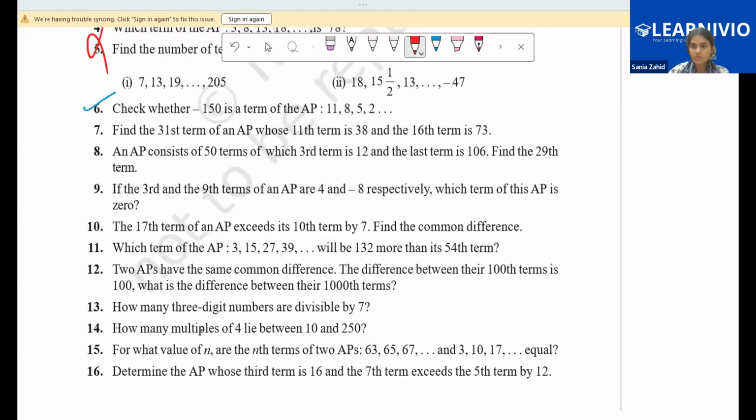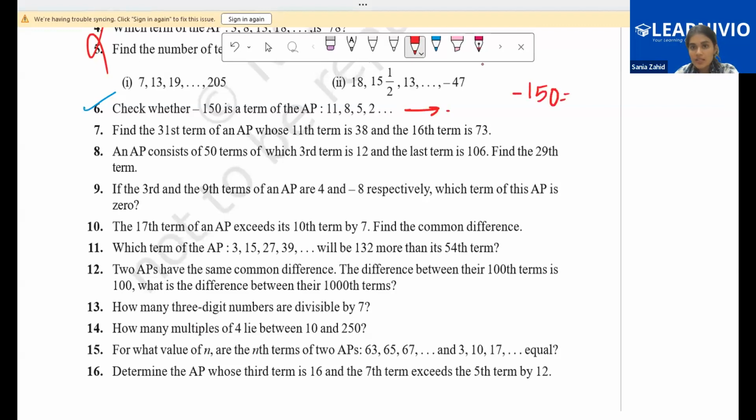It's not possible. Why? What term are you getting? Getting 45.6. Let's check. Let's suppose that the nth term is minus 150.